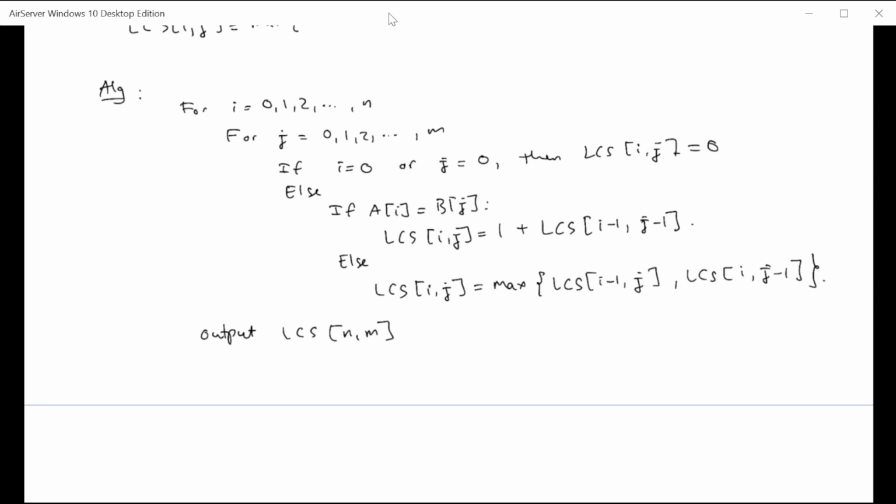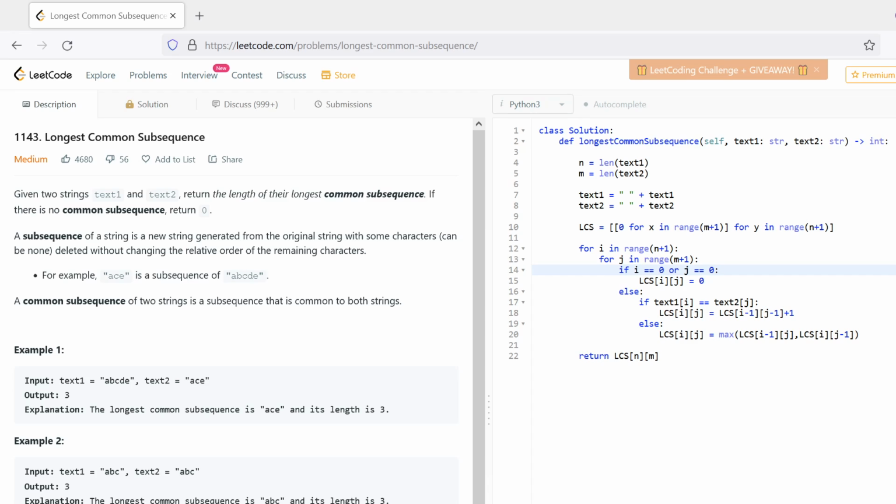Okay, so let me show you my implementation of the pseudocode on LeetCode.